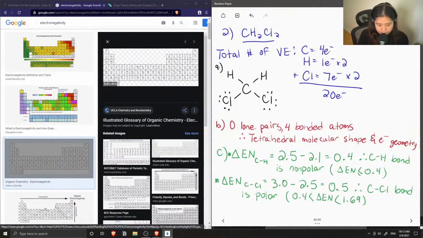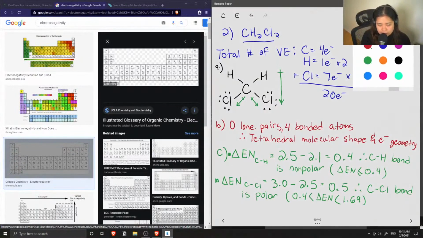So now that we know that the carbon-chlorine bond is polar, we can show dipole moments towards our chlorines in the molecule, like so. So we have an overall non-zero dipole moment since the hydrogens aren't electronegative enough to cancel out the dipole moments.